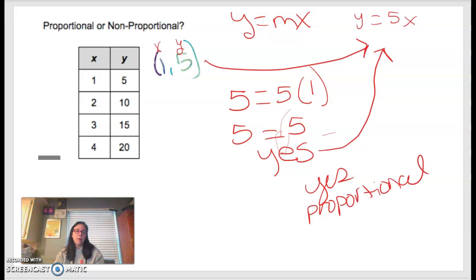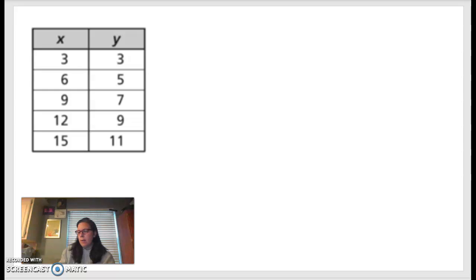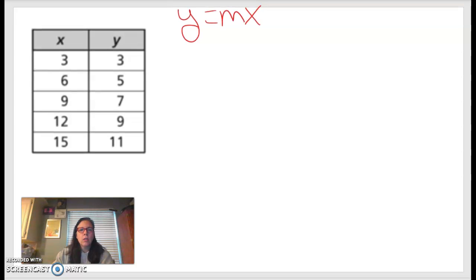And I'm going to obviously show you one where it's not proportional. If you watch the other video that I put on here, it'll give you examples of these. So this one, again, we're trying to see if this is going to fit this equation. All right, so this slope is going to be, we have 3, 3, and we have 6, 5.